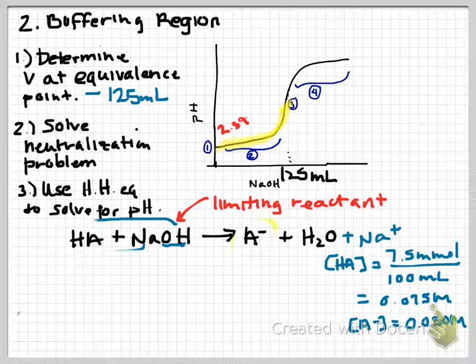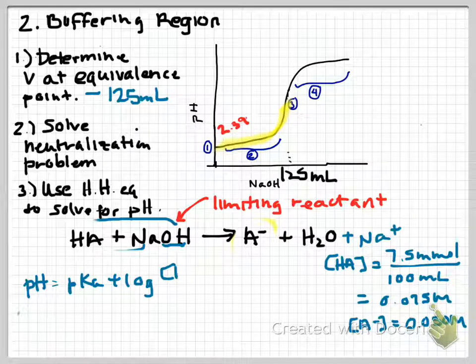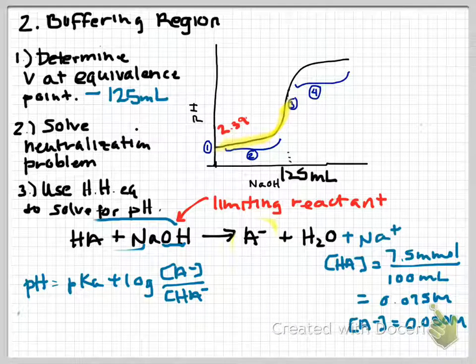So we use Henderson-Hasselbalch, which is the pH equals the pKa plus the log of base over acid.